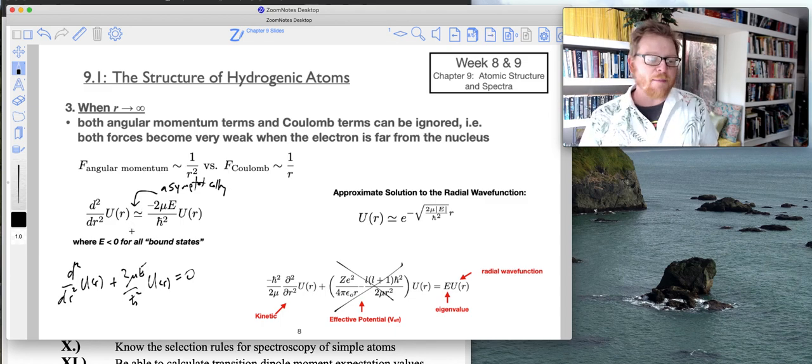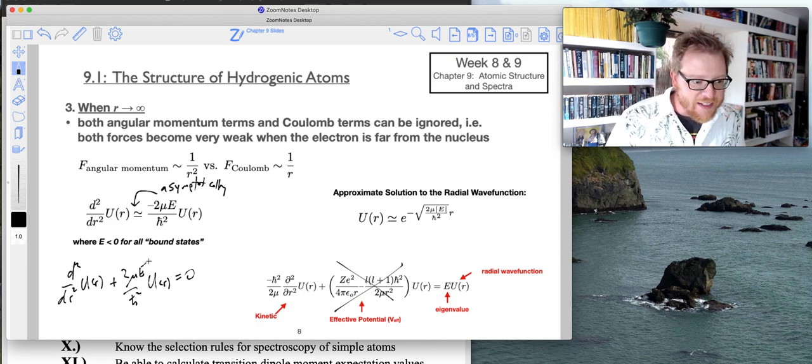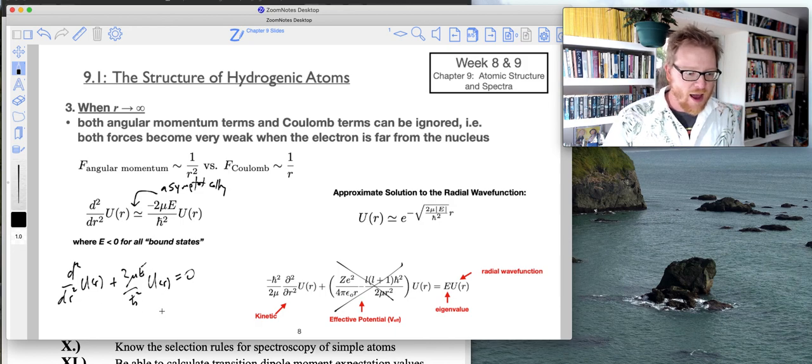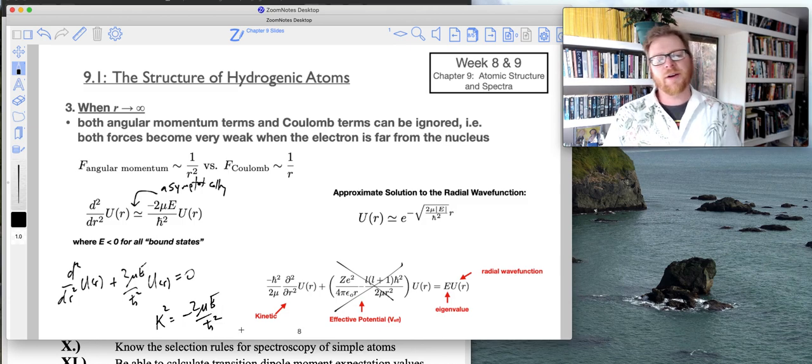And so what that means is when you're looking at this and you set up the solution, you're going to get something like K squared equals negative 2 mu E over h bar squared. At first inspection, you might say that's going to have imaginary solutions, but it's not.